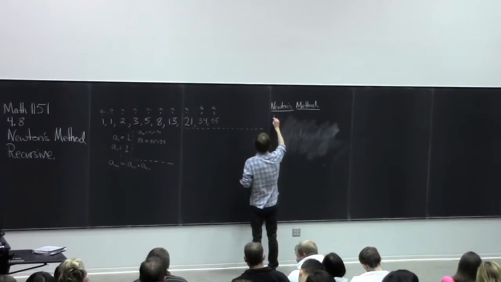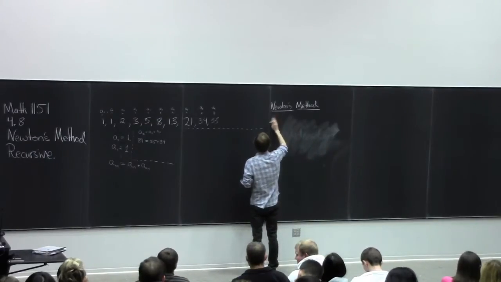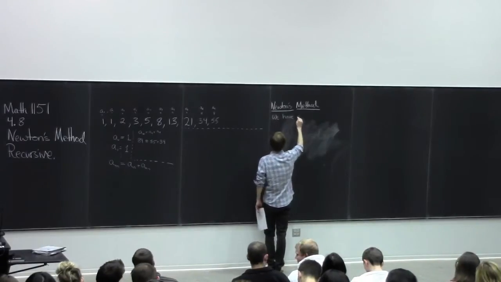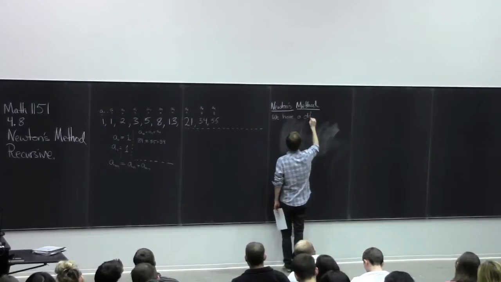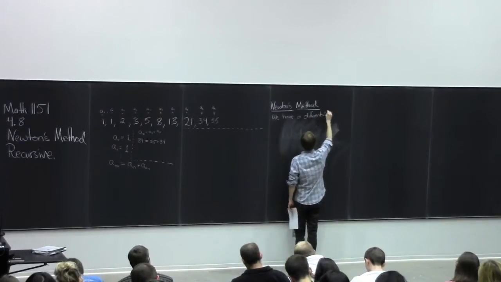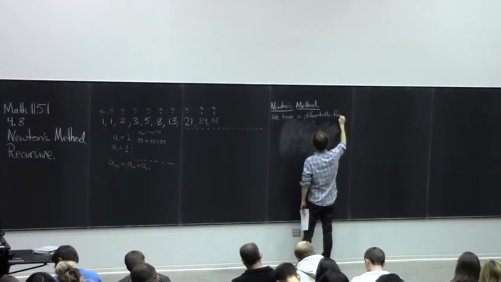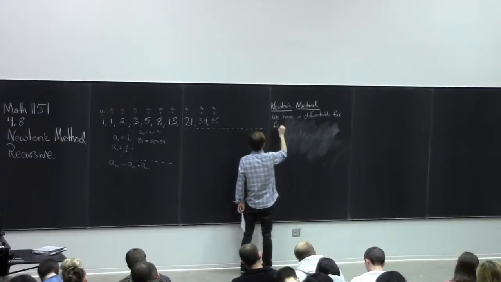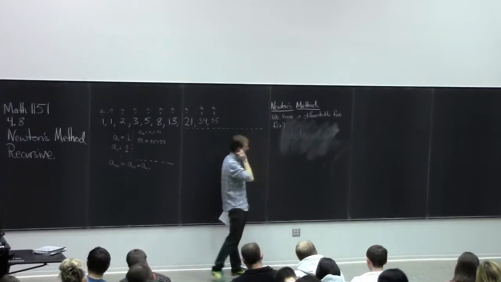So we have a differentiable function. Of course, I spelled function with no vowels. F of x. We have some differentiable function f of x.